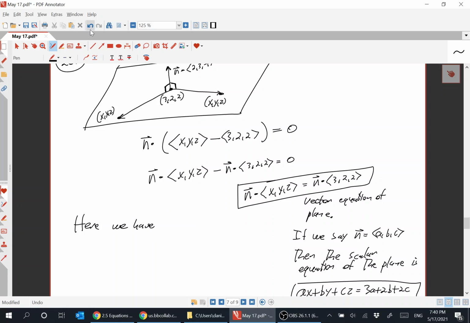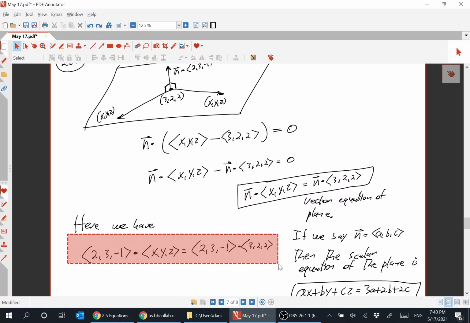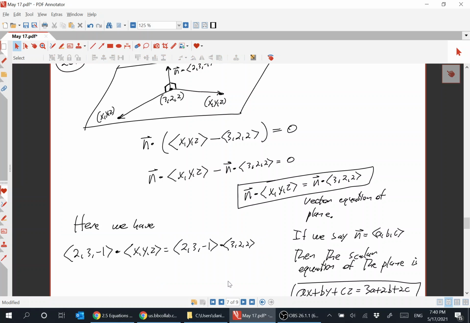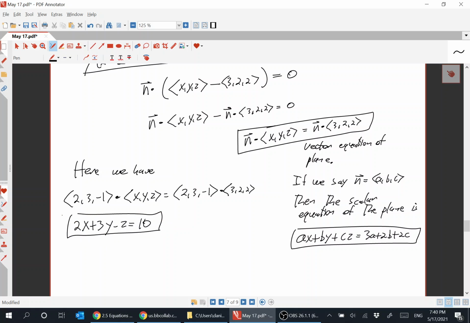So we've got 2x plus 3y minus z is equal to 6 plus 6 minus 2, which is 10. So that's the scalar equation of the plane.